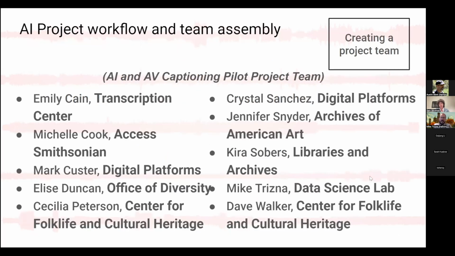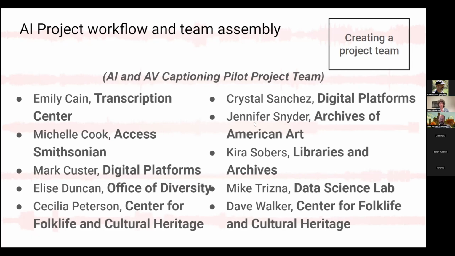So yeah, then also I'll say the next step here would be creating a project team. This is an example from a project that I worked on with the Smithsonian Transcription Center, and many others actually, on applying AI models to transcribing audio recordings.